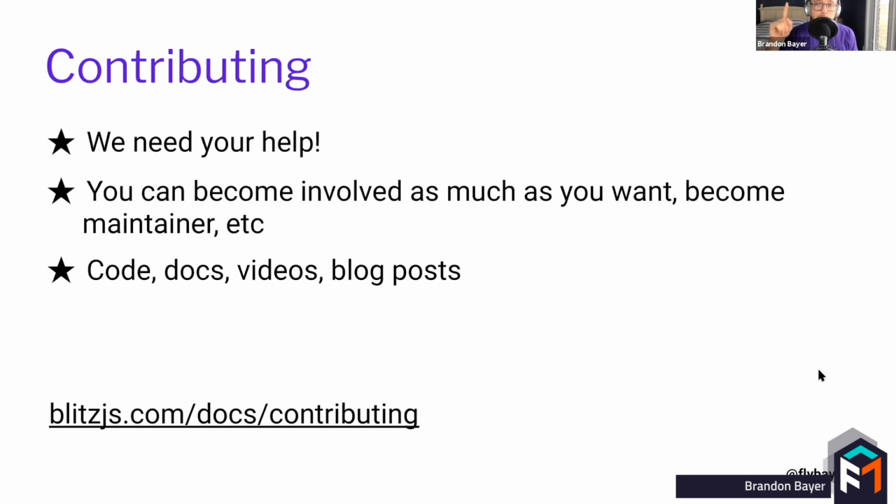We already have some folks working on a book. I think there's at least 2 or 3 courses on Blitz that are in progress right now. There's already an egghead course, a mini egghead course. And yeah, we love your help.